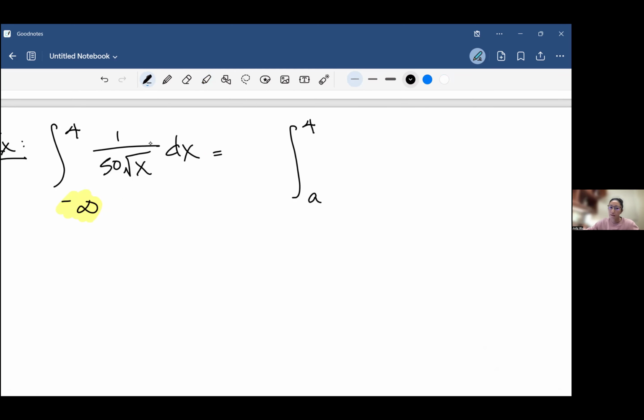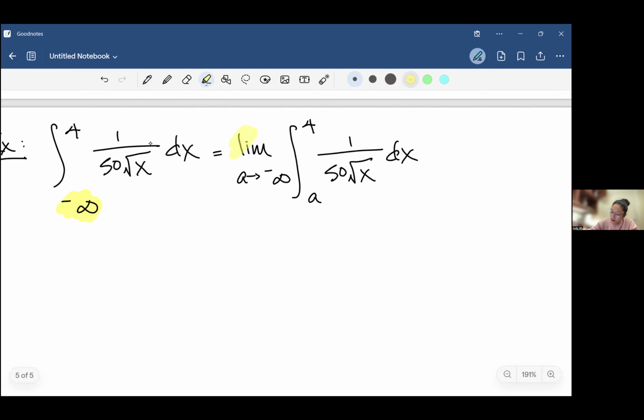So we're choosing some number a, 1 over 50 square root of x dx. And ultimately, at the end, we're going to take the limit as a approaches negative infinity, right? And this limit part is what will get the bottom number back to negative infinity.